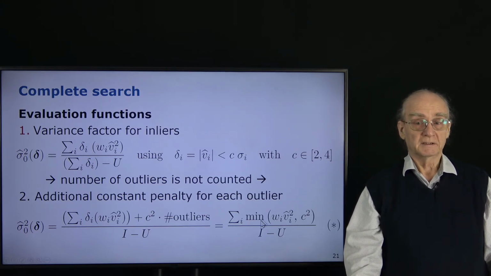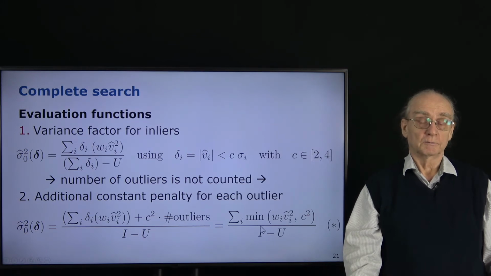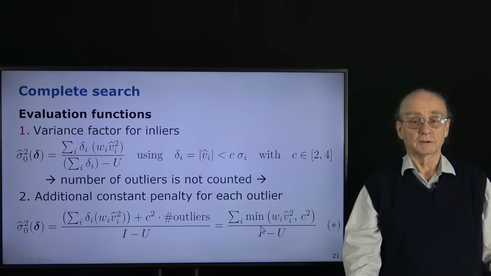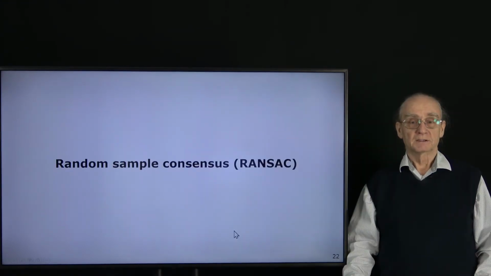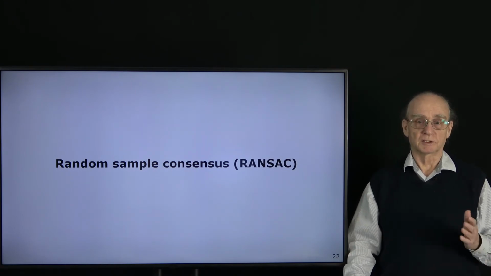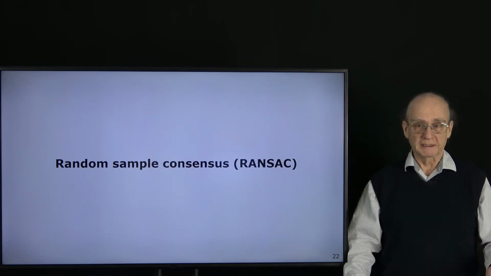We will later see that this optimization function can also be used in a different way in terms of a maximum likelihood type estimation. So this is the first method, and it has the advantage that we can be sure that we get the best solution that is possible, because we have looked at all combinations.